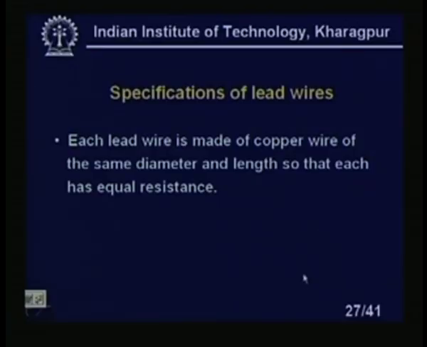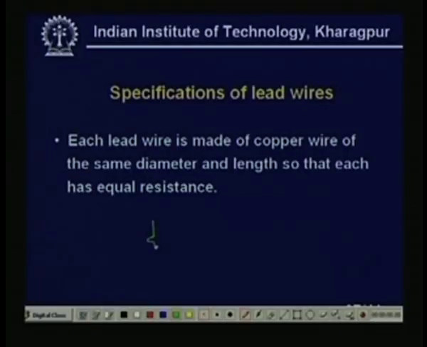Now, the specification: each lead wire is made of copper wire of the same diameter and length, so that each has equal resistance. These are the specifications of the lead wires which connect from the bulb of the thermometer, RT, to the bridge circuit.